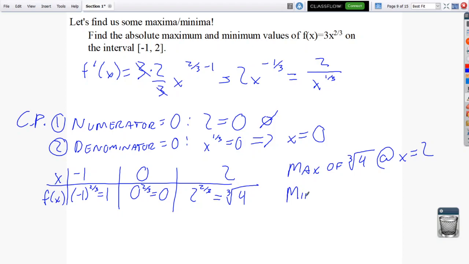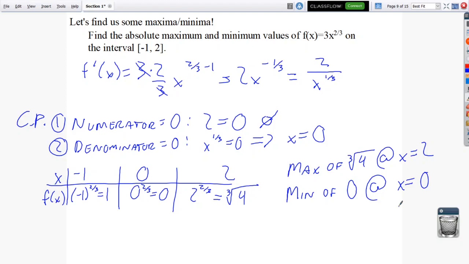We have a min of 0, and it occurs at x equals 0. So it's important to keep in mind which one is the minimum, which one is the maximum, and by which one is the minimum, which one is the maximum, I'm referring to the x or the function value. Our max is the cube root of 4. It occurs at x equals 2.